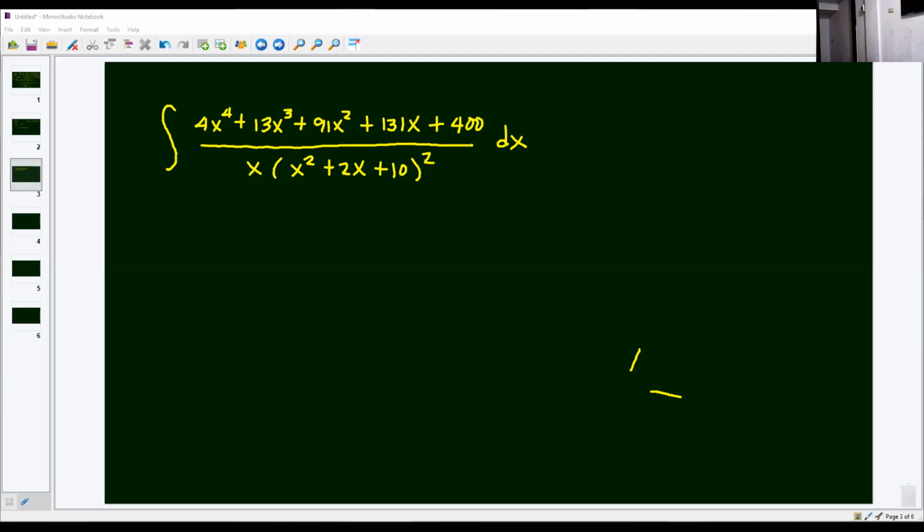Middle term diyan, middle term. Derivative mo yata siya. Progress, people. Yan, kalki ko na nga.